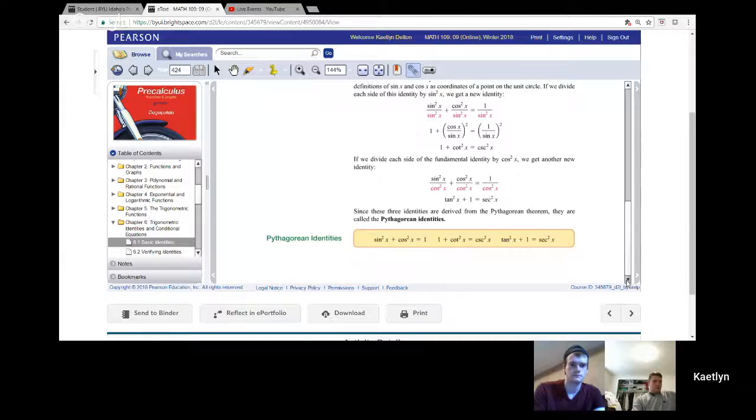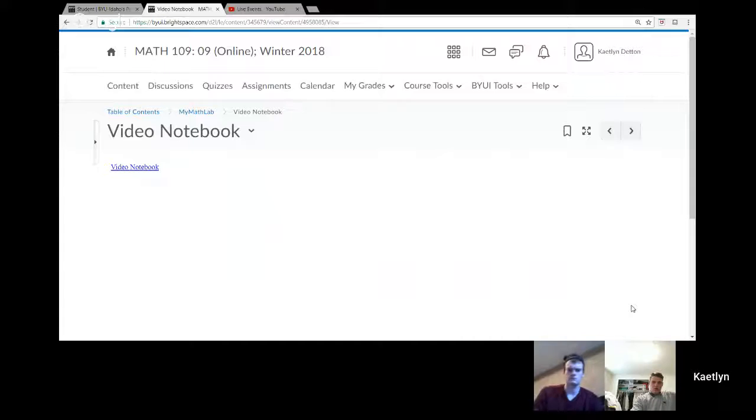Tangent of A is 1 over cotangent. So yeah, we're using a Pythagorean identity here. Okay. With it. No, that's not what I wanted.